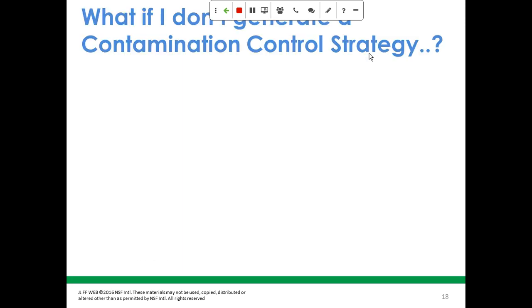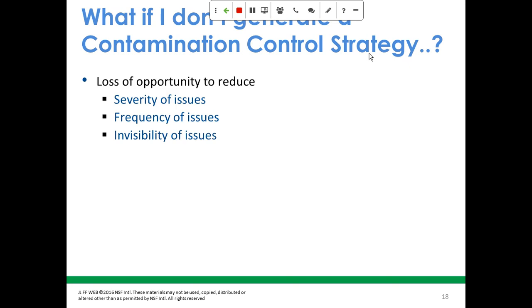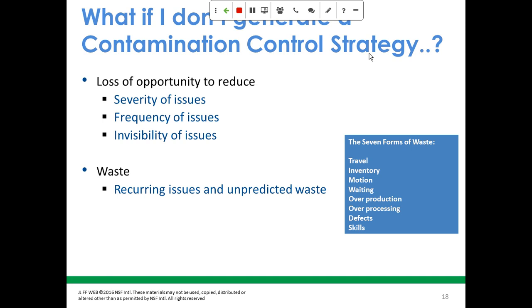So what about if I don't actually write one of these, if I don't actually engage in this? Well, obviously, the first thing is you're going to miss the opportunity to reduce the risk of major concerns in your production unit. You're also going to miss the opportunity to make war on waste.